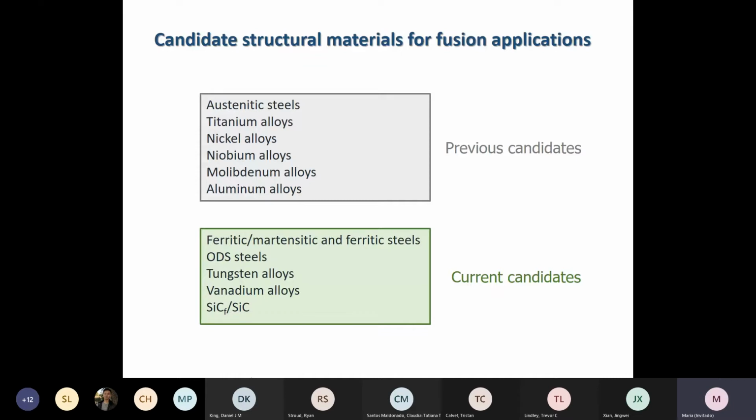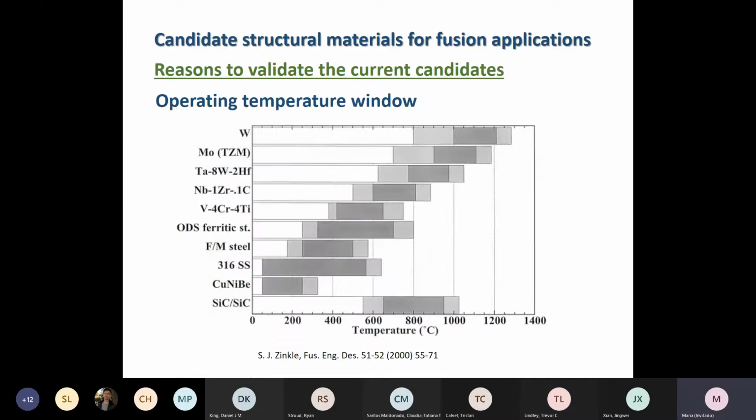And if we use this set of elements from the periodic table that are not active in the long term, they represent a promising candidate to take into account. Let's see some other reasons to validate these current candidates.